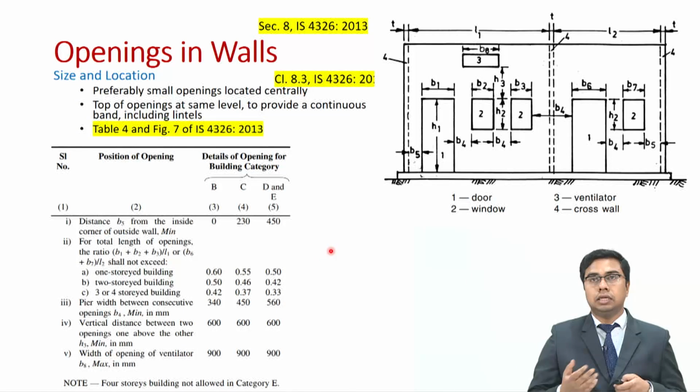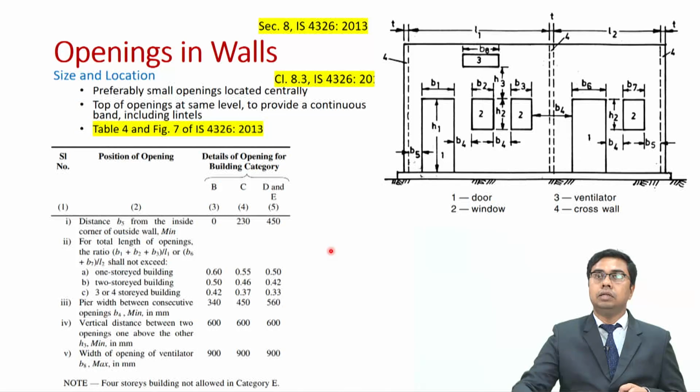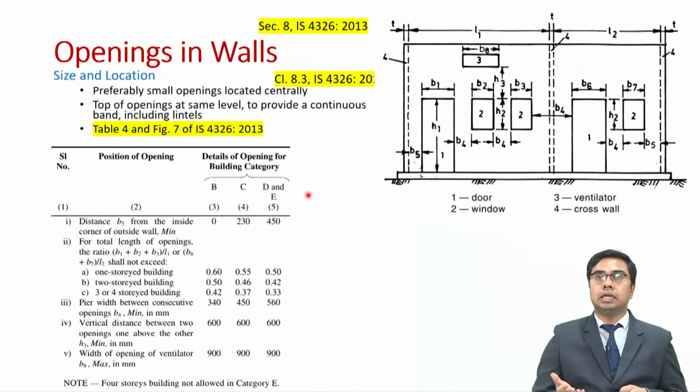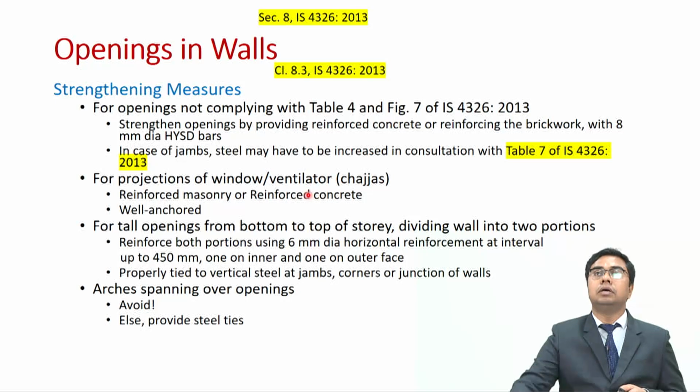Now, once we understand the openings in walls, sometimes we may have to strengthen these openings. When your openings do not comply with the guidelines presented in table 4 and figure 7 of IS 4326, you may have to strengthen them. How do you strengthen them?